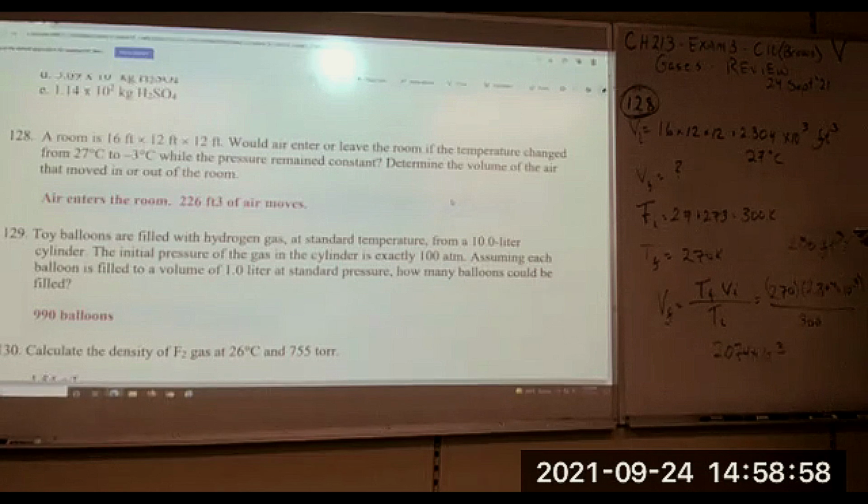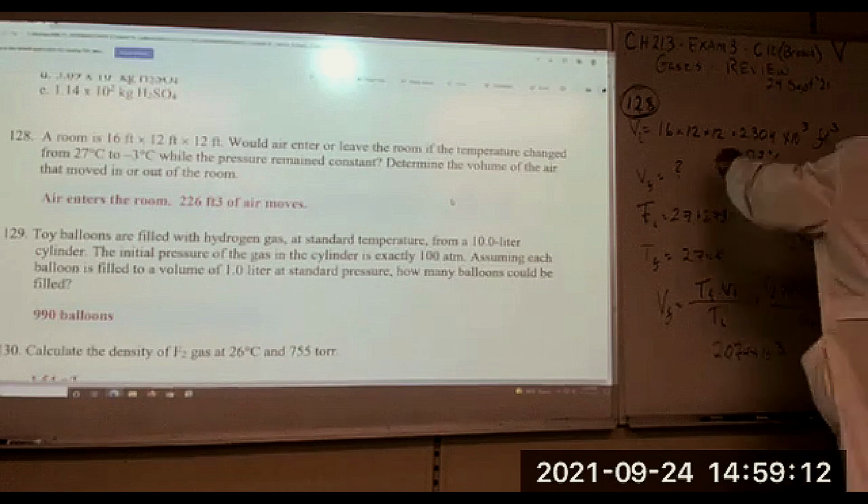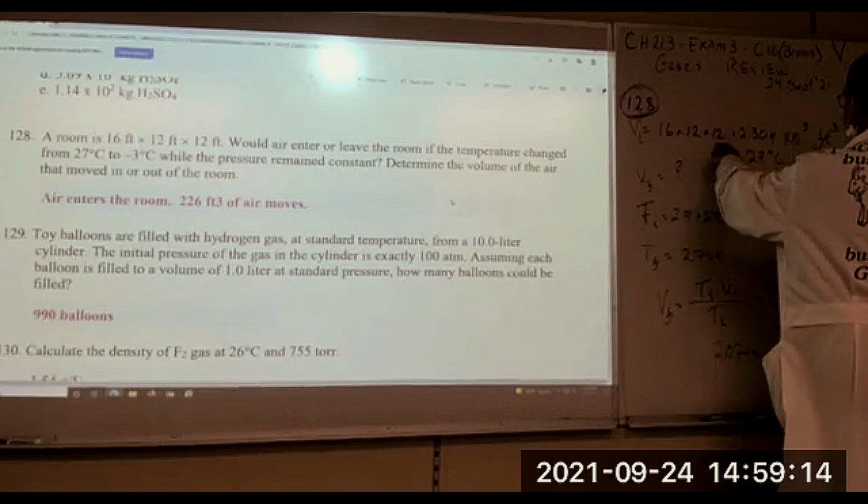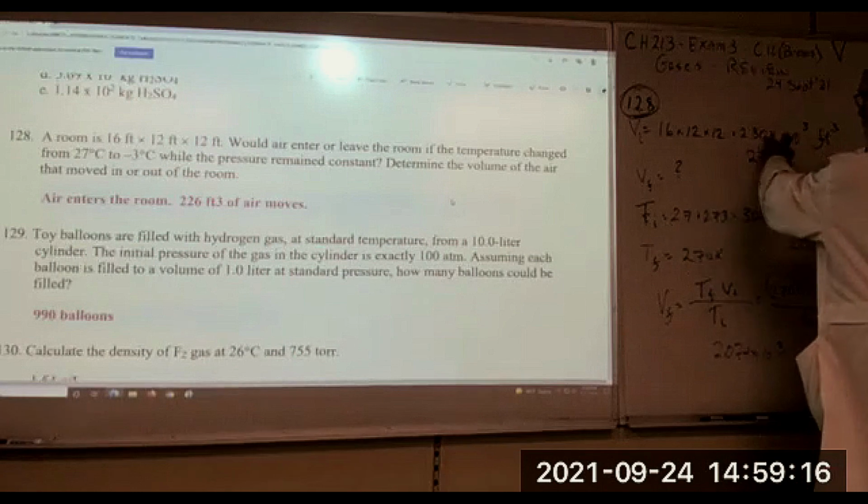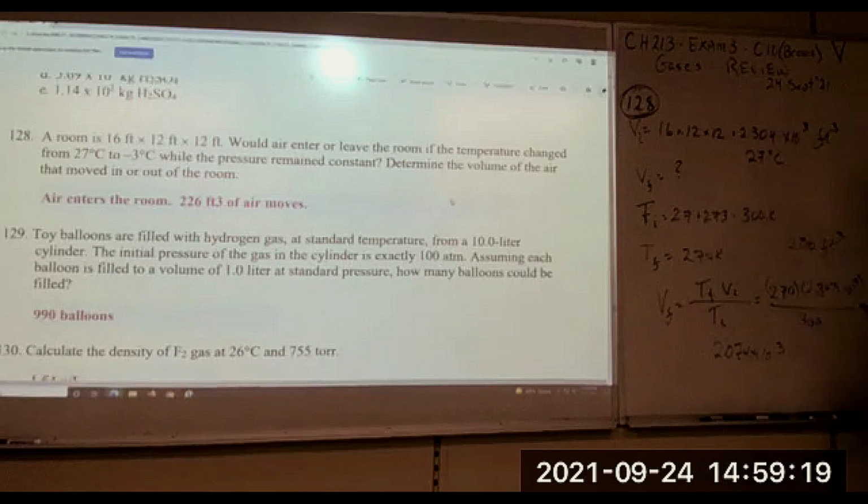I get 226 this way, so there must have been some rounding error. Close. Well, I'll tell you what, this is two significant figures, so we're limited there. So that's probably the difference. 226, that actually should be rounded off to 230.